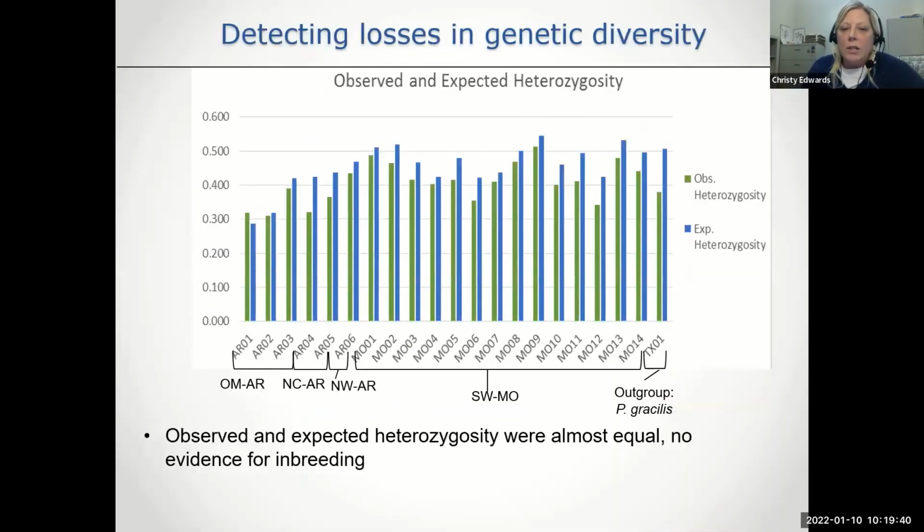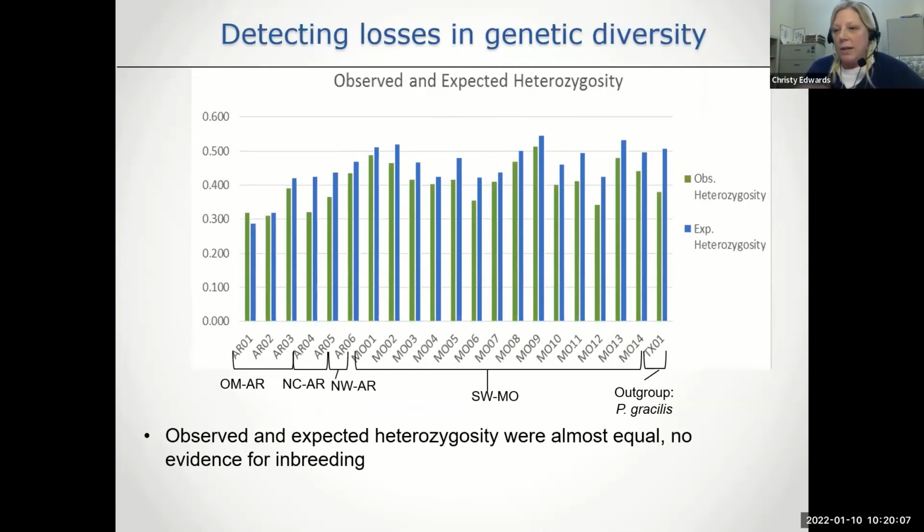And then finally, I just wanted to highlight that this information can also be used to detect losses in genetic diversity. When you have small population sizes in endangered species, populations can be prone to increased inbreeding, genetic bottlenecks, and losses in genetic diversity due to genetic drift.